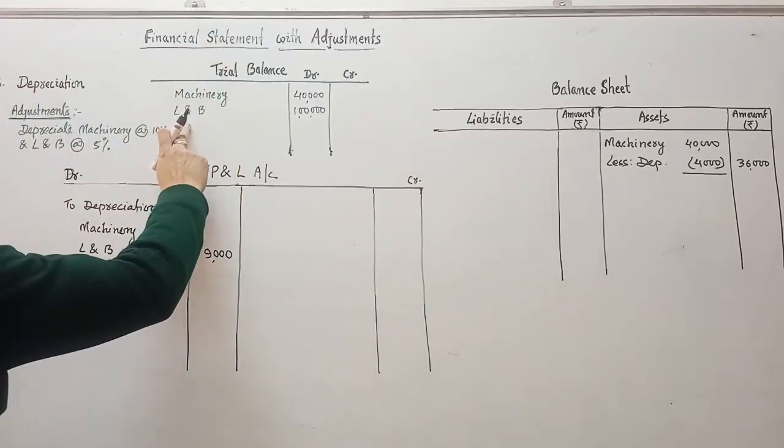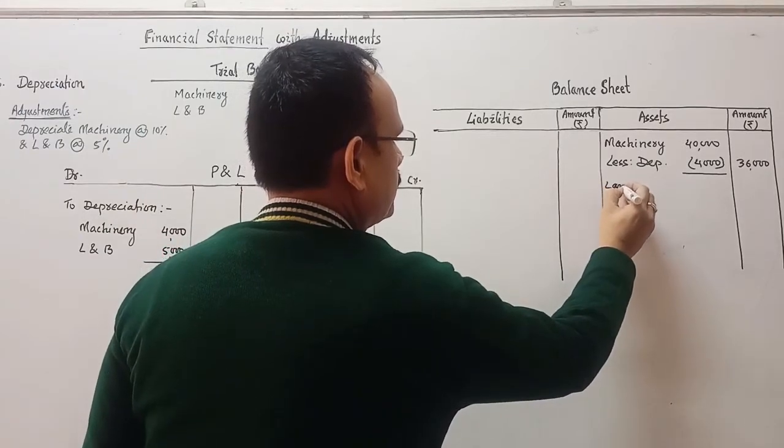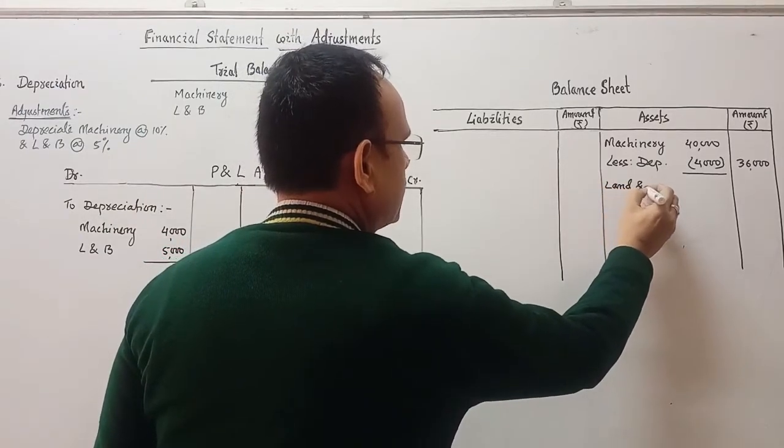Same thing you do with the land and building. Write land and building on the asset side.